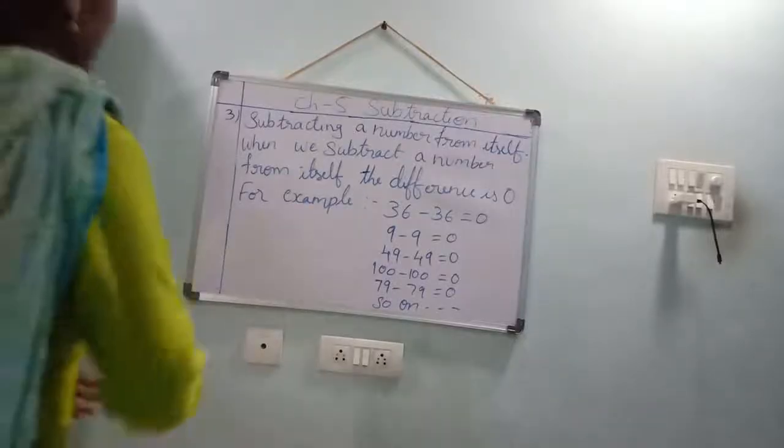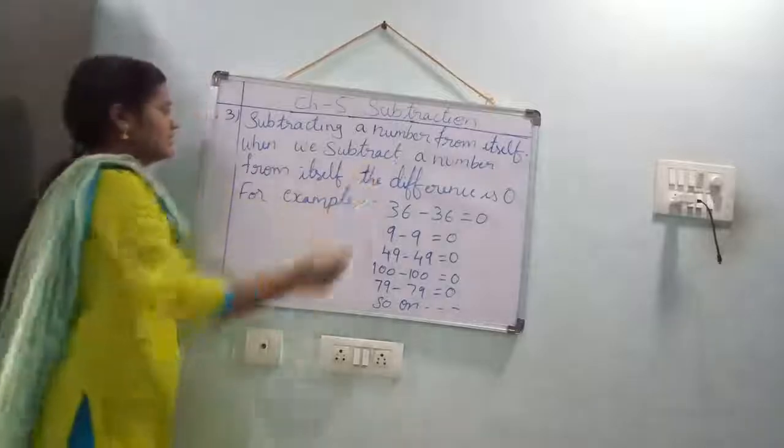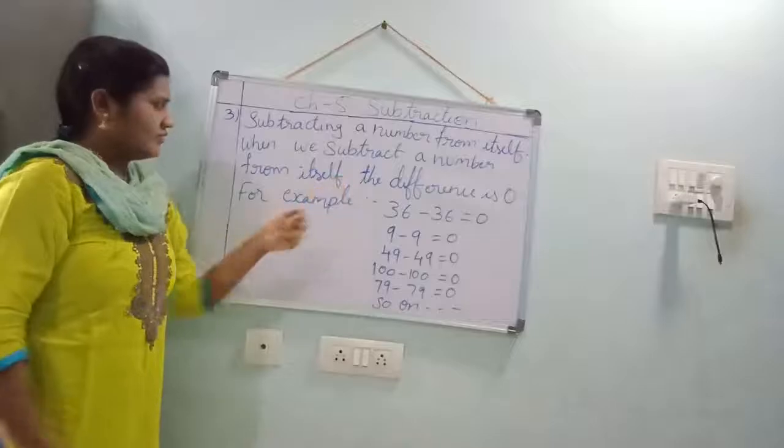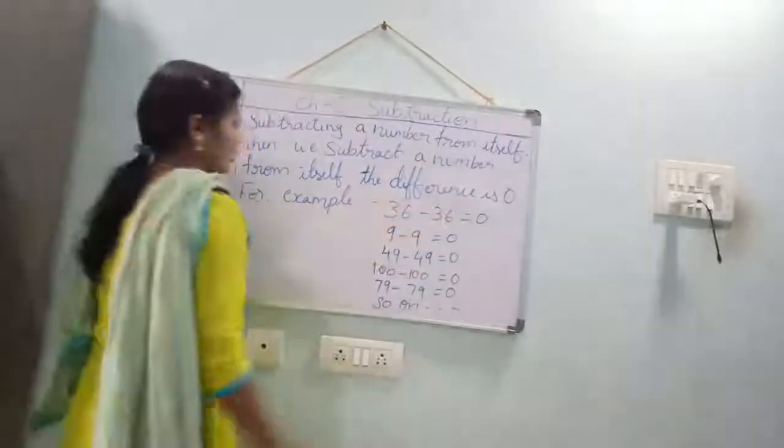Children, third one: subtracting a number from itself. When we subtract a number from itself, the difference is 0.